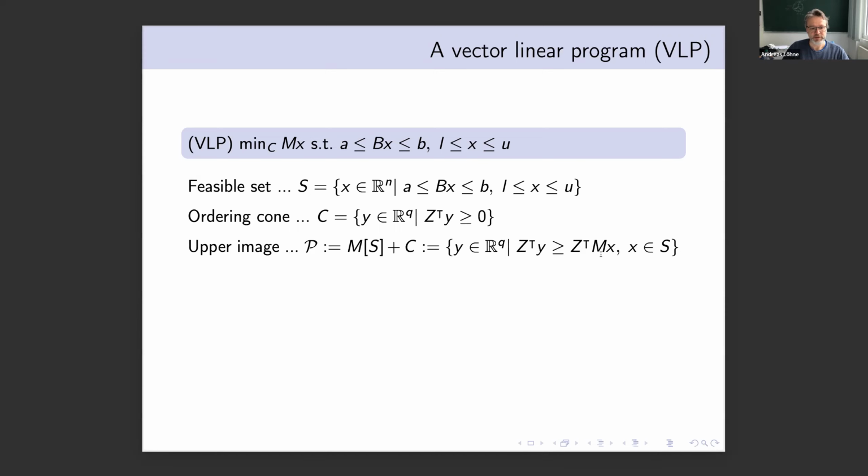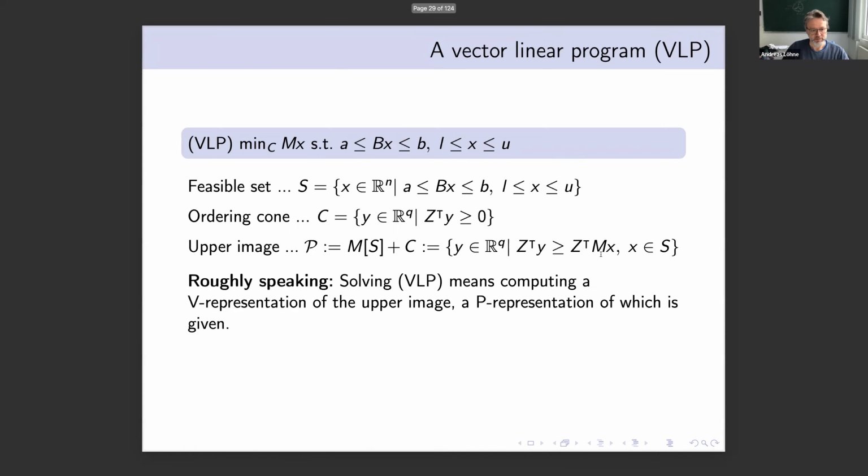So the aim, okay, and now I had also several papers on solution concepts of vector optimization problems. Also, of course, there are different approaches in the literature, but the solution concept I use here is the following.